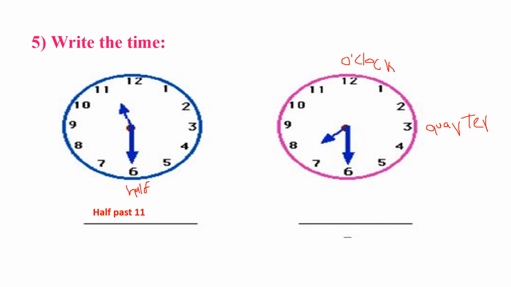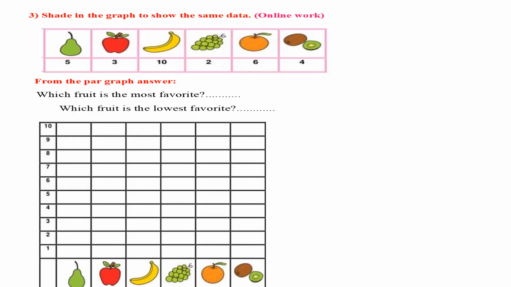Half, 6 represents half. So the time, the long hand points to what? To 6. It's half past what? 7, because the short hand points to 7. It's half past 7.